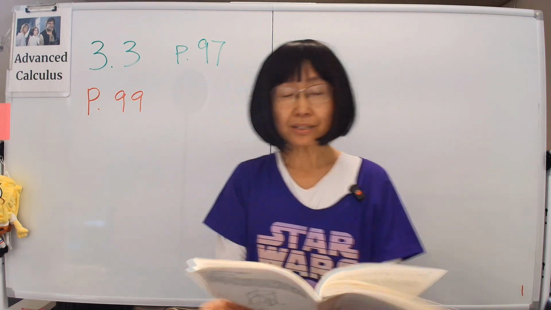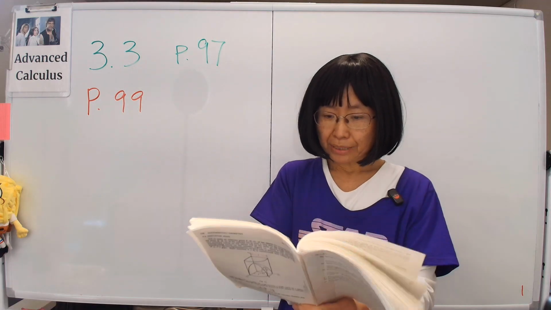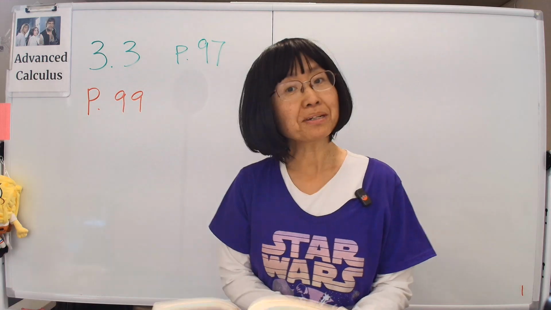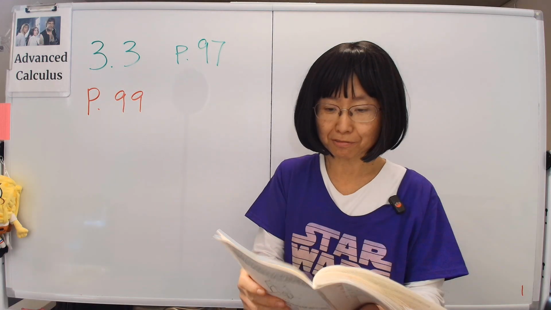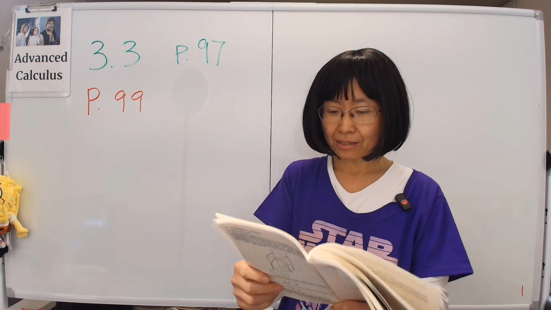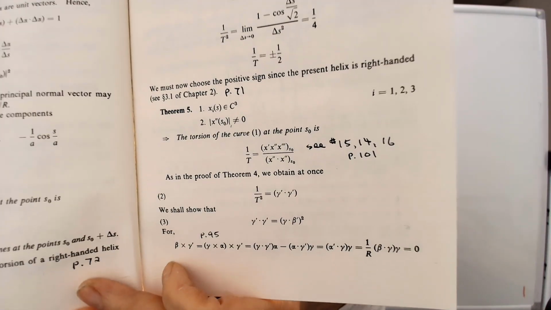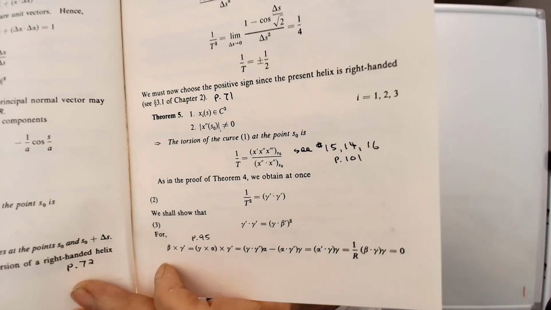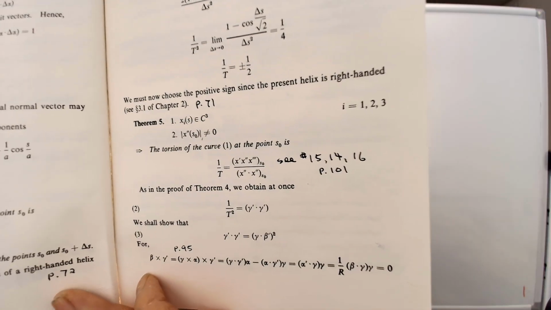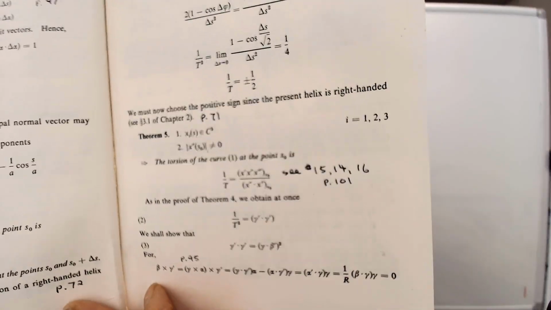So now let's look at theorem 5, where we have a nice clean formula for the torsion instead of being stuck with doing limits all the time. The torsion formula happens to look like that, as shown in your book. The proof is going to be quite interesting in a roundabout way, using several tricks.